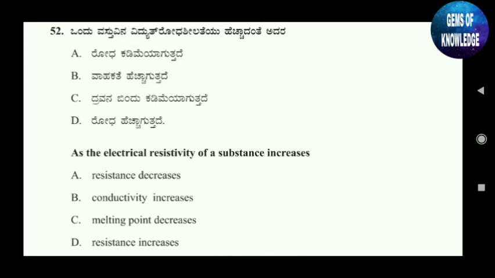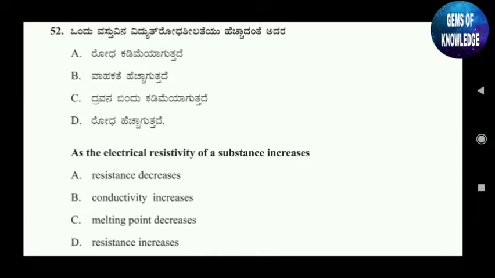So if resistivity increases, obviously the resistance will increase. So the fourth one is the answer, that is, resistance increases. If the resistivity is increasing, we cannot say conductivity or melting point increases or decreases, so it must purely depend on resistance itself. So we can say resistance increases.